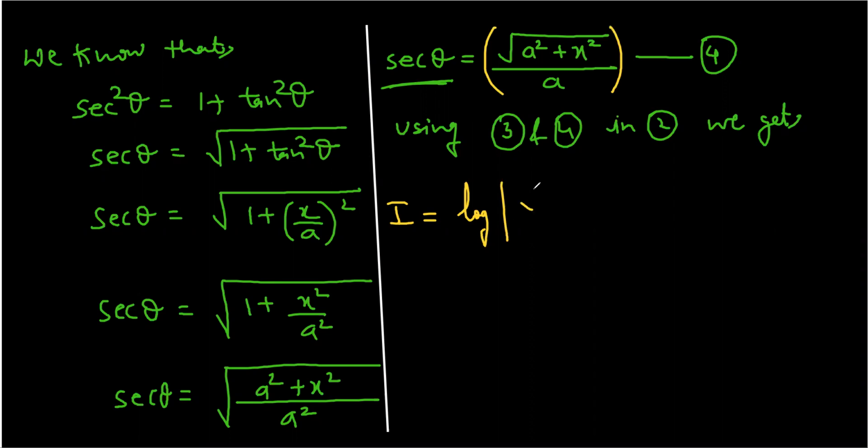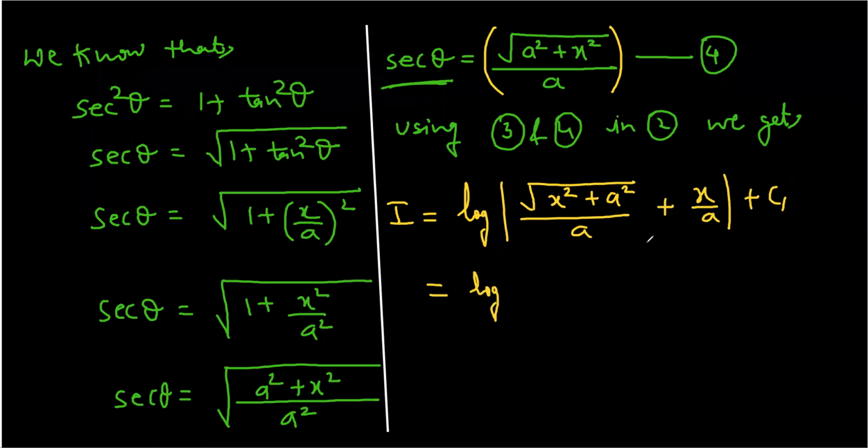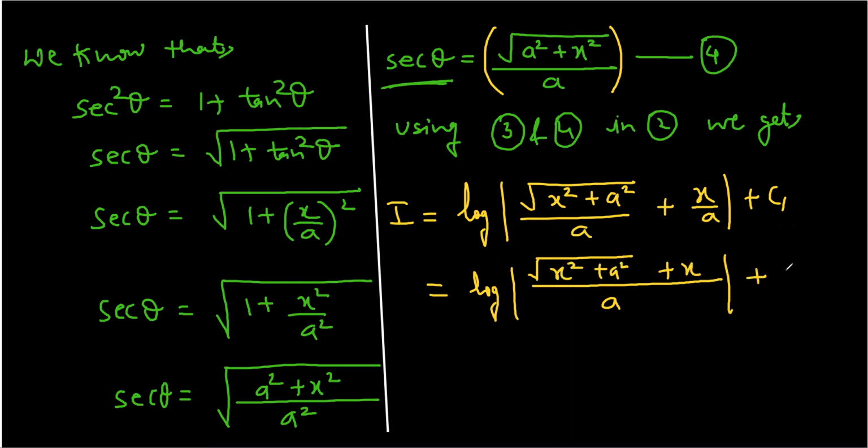So it is square root of x square plus a square, upon a, plus tan theta. Tan theta was x upon a, plus c1. Next step, as I see the common denominator, I write here a, and square root of x square plus a square plus x, plus c1.